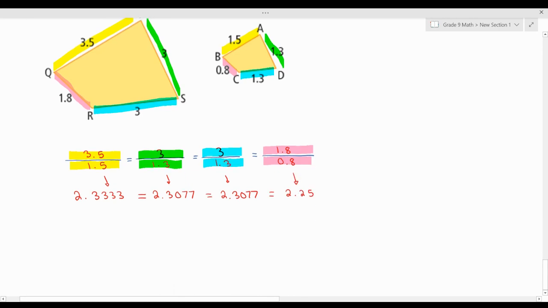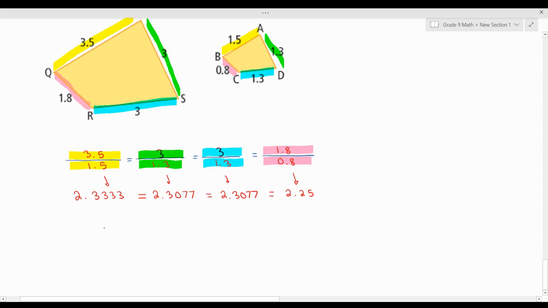So are these polygons similar? The answer is no. This number doesn't match that number, doesn't match that number. You have to be careful, because had you rounded these to 1 decimal place, this would be 2.3, 2.3, 2.3, 2.3, and you might be inclined to say they're similar. But when you're trying to prove whether or not shapes are similar, you have to make sure that you're not rounding, because then you might get an incorrect answer.